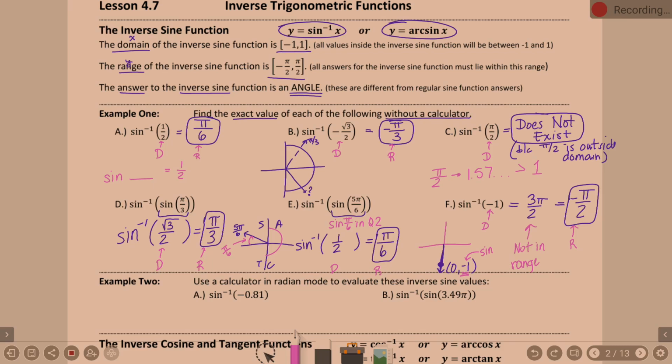Is that one we know? At what angle does sine equal negative 0.81? That's not one we have. So grab your calculator, everybody, please, and let's make sure we know how to do an inverse trig function. I have confidence you guys can figure it out, but I want to make sure we're all in the same boat here.